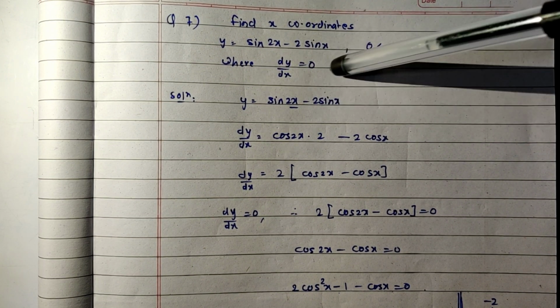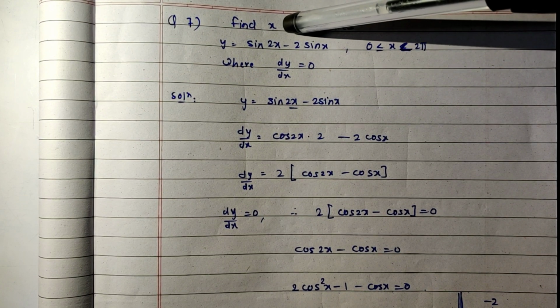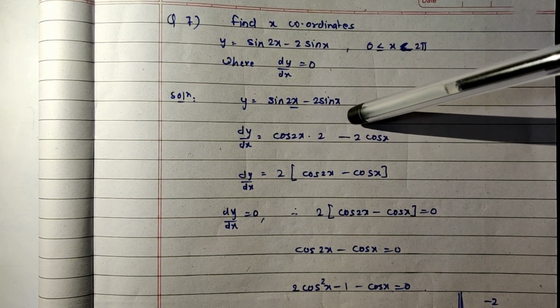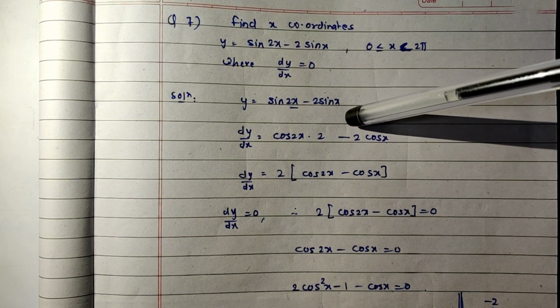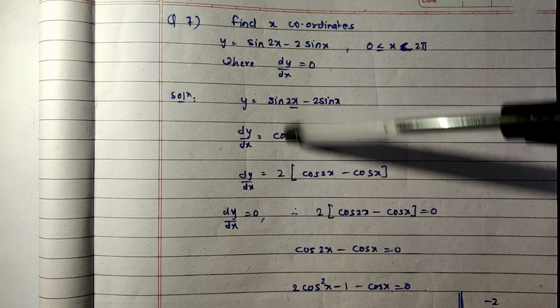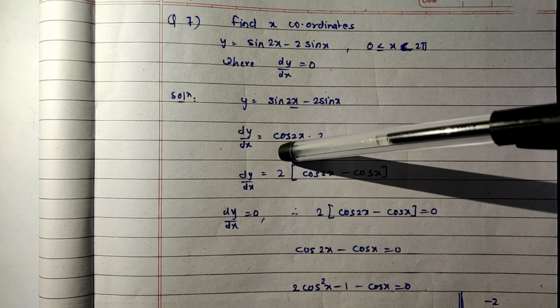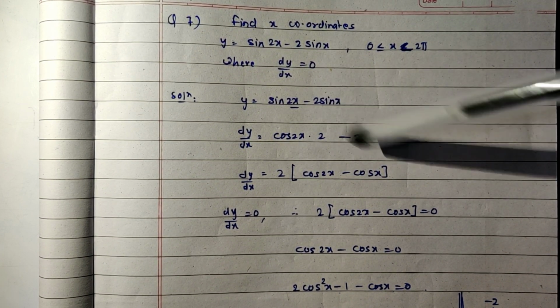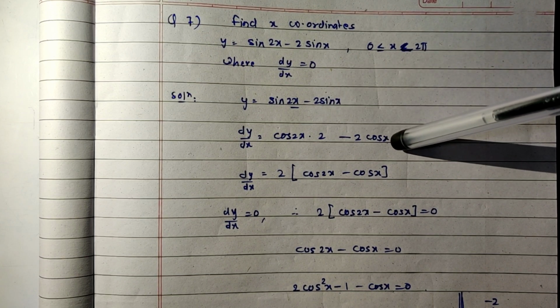Where dy by dx is equal to 0, then we find the value of x. See, y is equal to sin 2x minus 2 sin x is given. We find the derivative dy by dx: derivative of sin 2x is cos 2x, and again derivative of 2x is 2, minus 2, derivative of sin x is cos x.